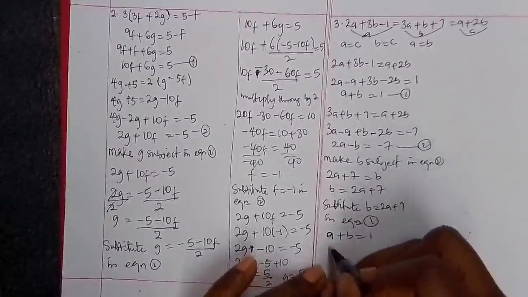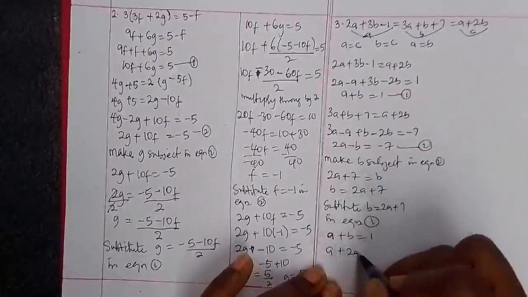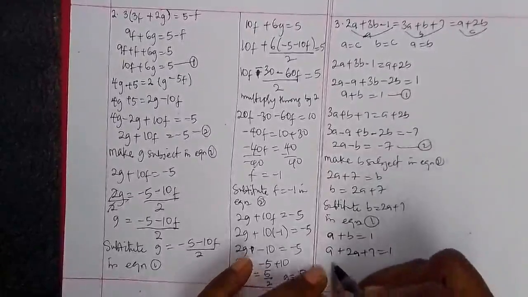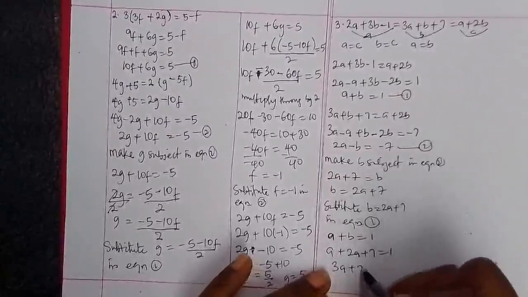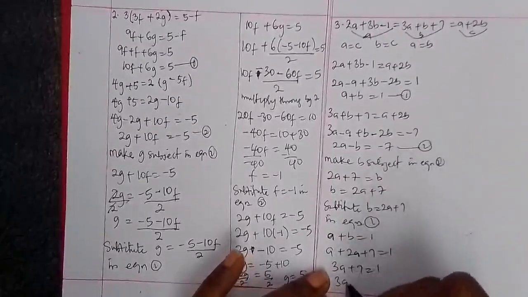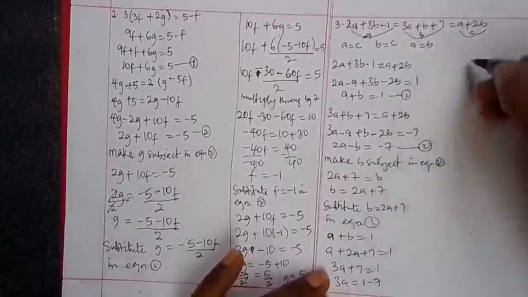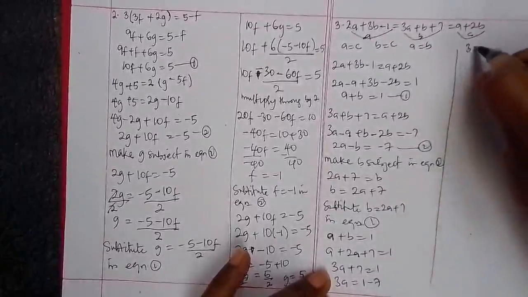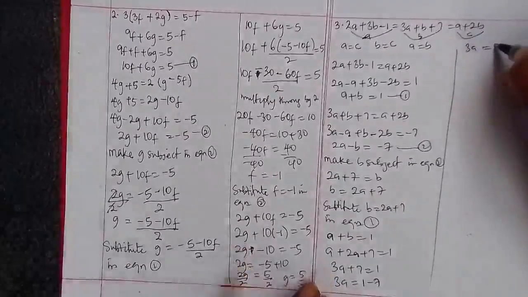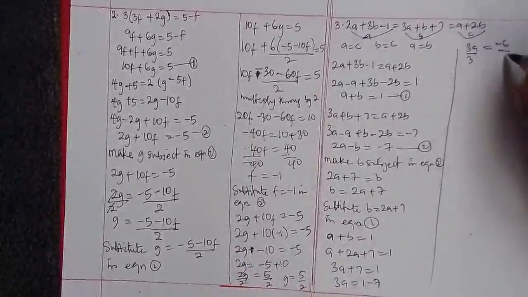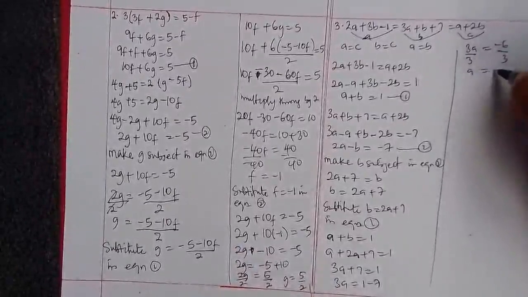So a plus 2a plus 7 is equal to 1. 3a plus 7 is equal to 1. 3a is equal to 1 minus 7. So 3a is equal to minus 6. Divide both sides by 3. So our a is equal to minus 2.